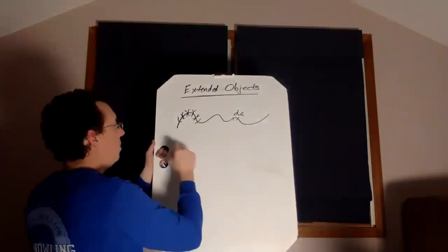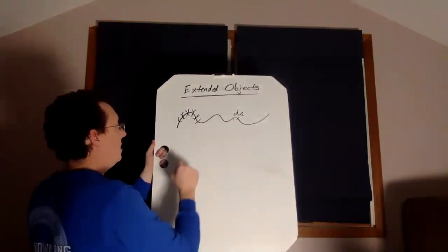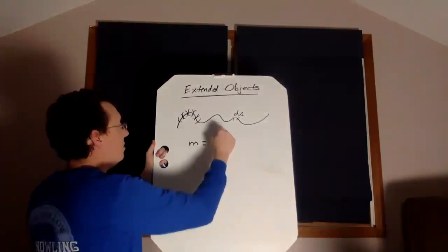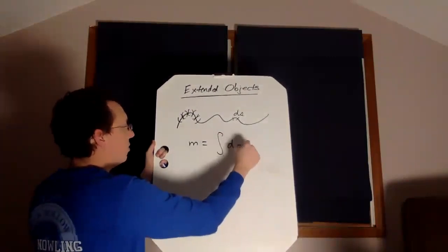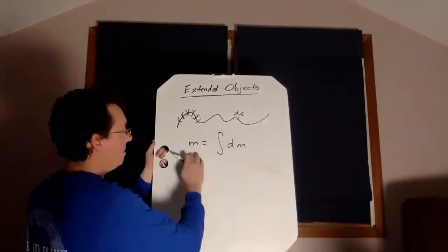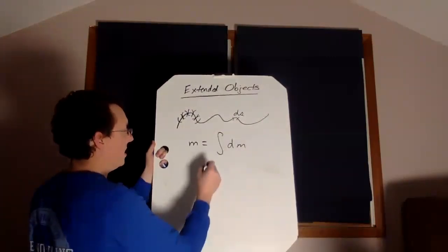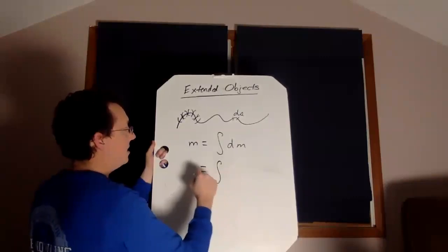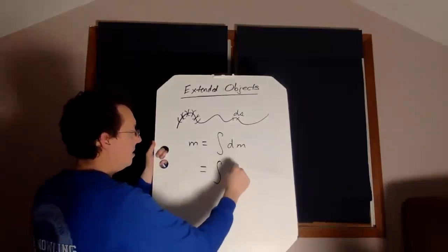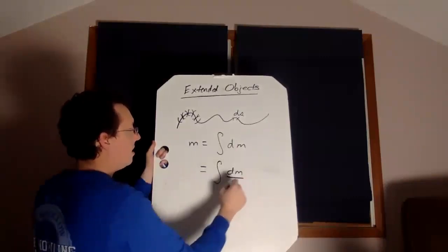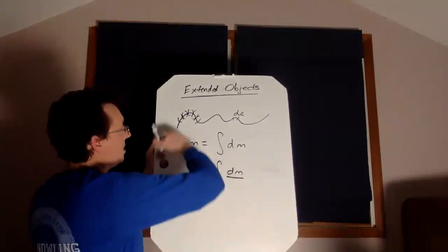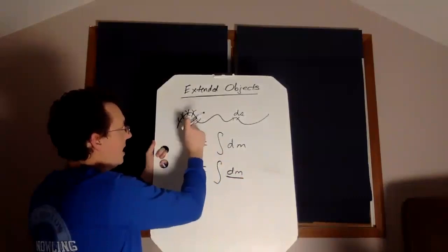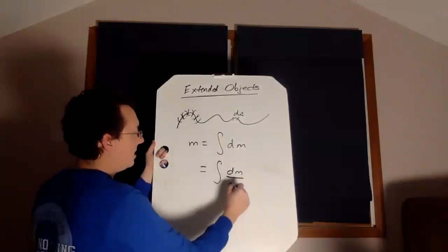And what you can think of then is that the mass is always going to be given by this formula. That's true. The total mass is the sum of all the little masses. That's all that says. But you can write that as the integral, and not a rate of change with respect to volume, but because the little bits we're adding are lengths, we want to do that ds.